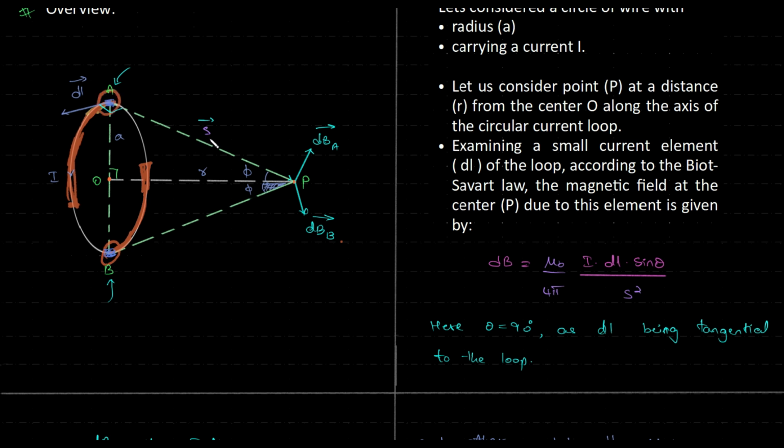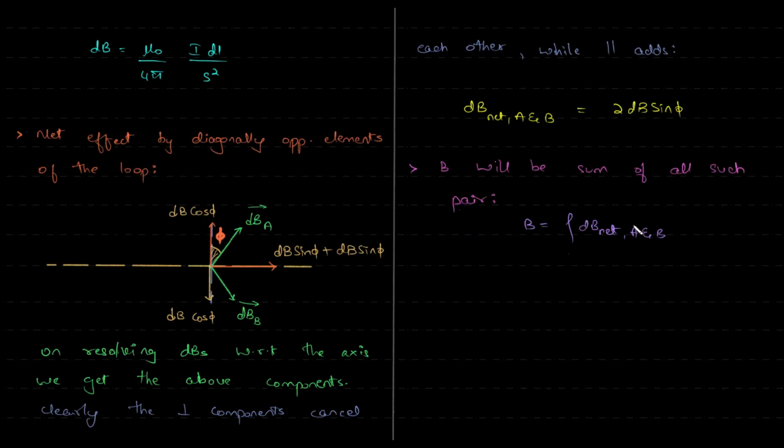So all the other pairs also will work the same, right? So by adding half the way, the scenario will take care of the other half because we already added the pair. There's a 2 already. So B will be equal to 2 times the integration of dB sin phi. Sin phi is also constant because for a given point phi is constant, right? Now let's substitute 2 mu naught by 4 pi.